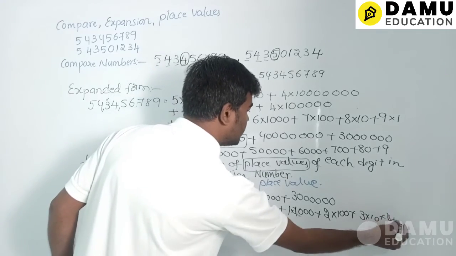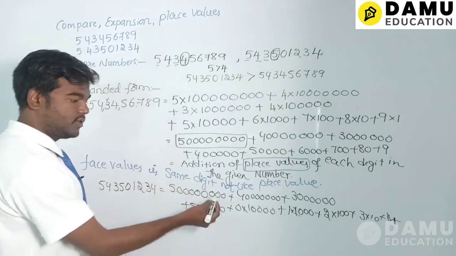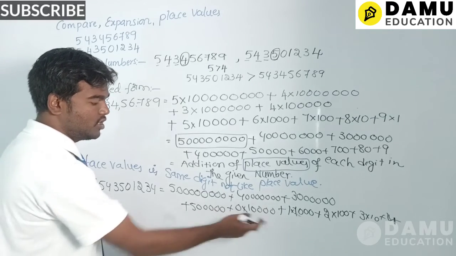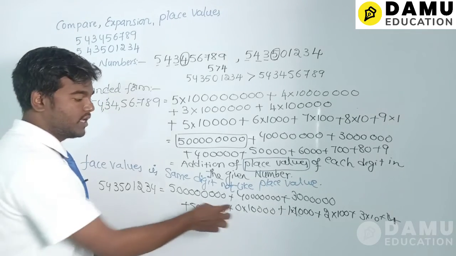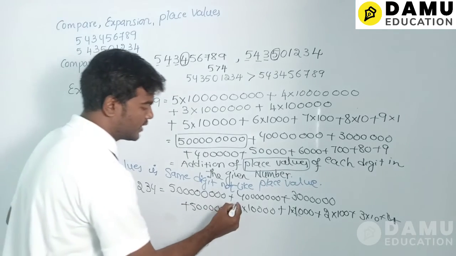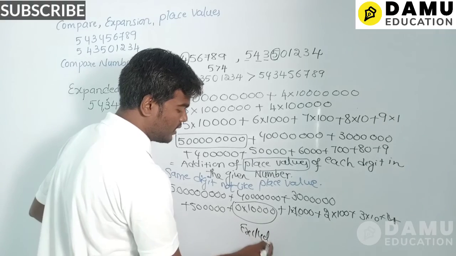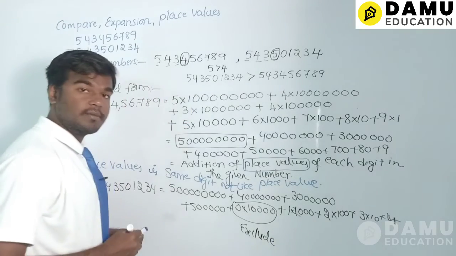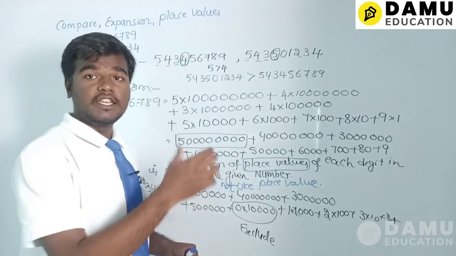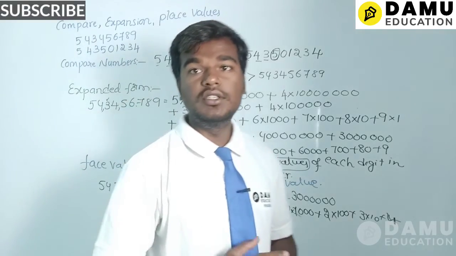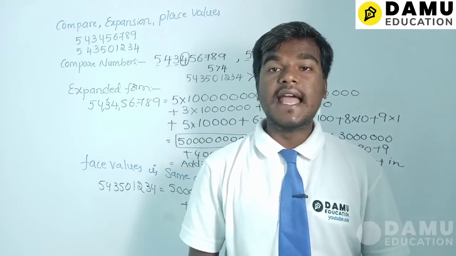You can write it like this also. So 0 into anything is negligible, you can exclude this part while writing the next step. Remove that 0 into part, we need to write only 0. So that is the way of writing the expanded form for any given number.